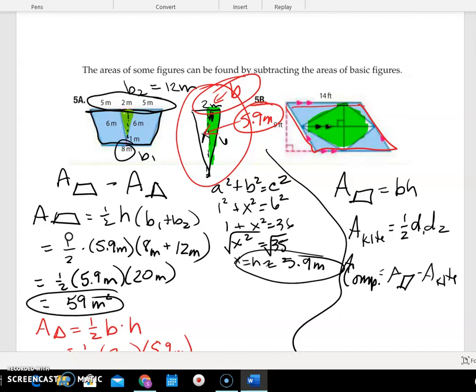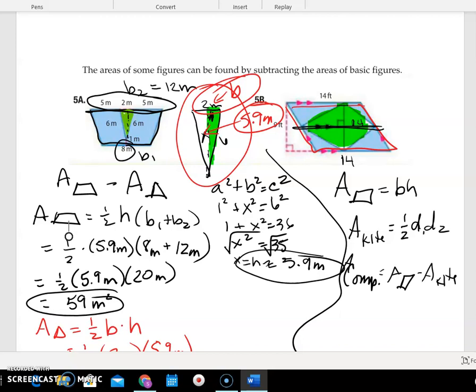Now remember, in a parallelogram, opposite sides are congruent. So this is going to be 14. And so this right here, which is still a length, is also 14. So that's one of your diagonals.